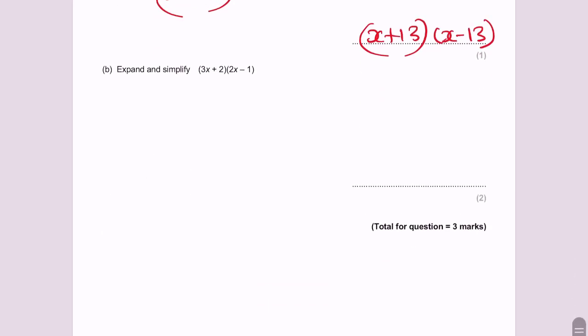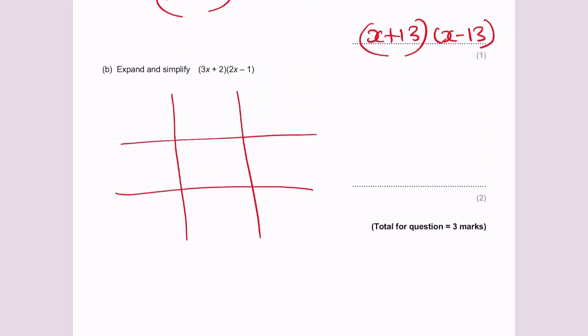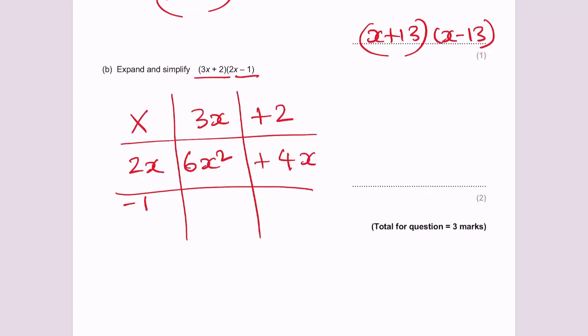Expand and simplify. I always say use the grid, which is easier to remember and you don't easily make mistakes on the signs. So 3x plus 2 and 2x minus 1. 2x times 3x is 6x squared. I was teaching this in class today. 2x times 2 is plus 4x. Make sure you have the signs in front so you know what to write when adding or subtracting.